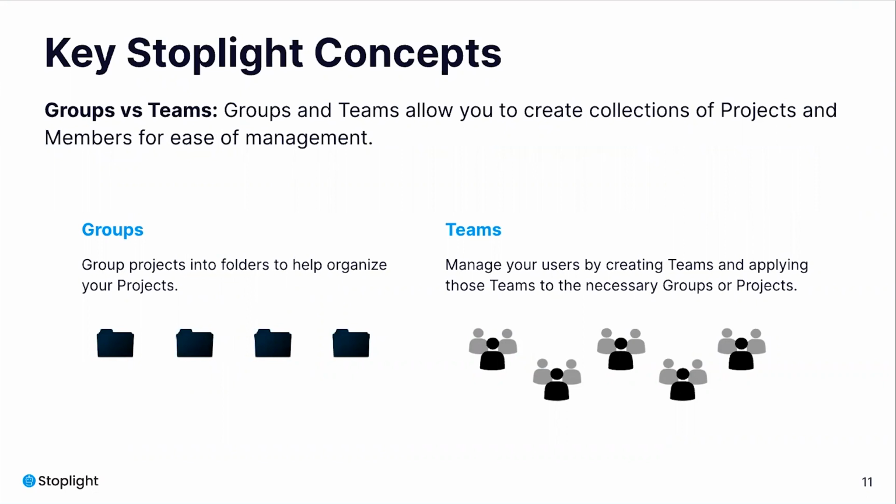Teams is the feature that allows you to manage users across the projects, and it allows organizations to easily manage which users have access to the Stoplight projects, as well as controlling project permissions. This simplifies the process of allowing users to collaborate on projects while giving administrators more security over access controls.